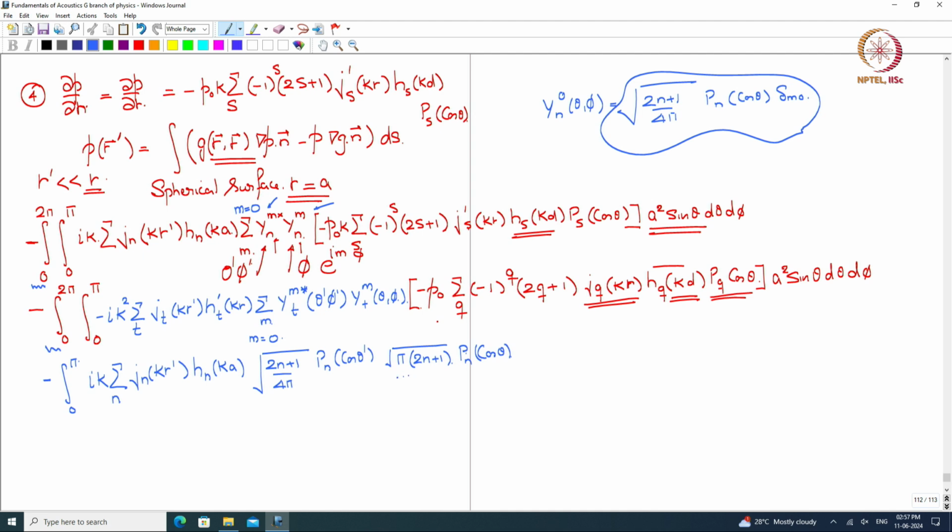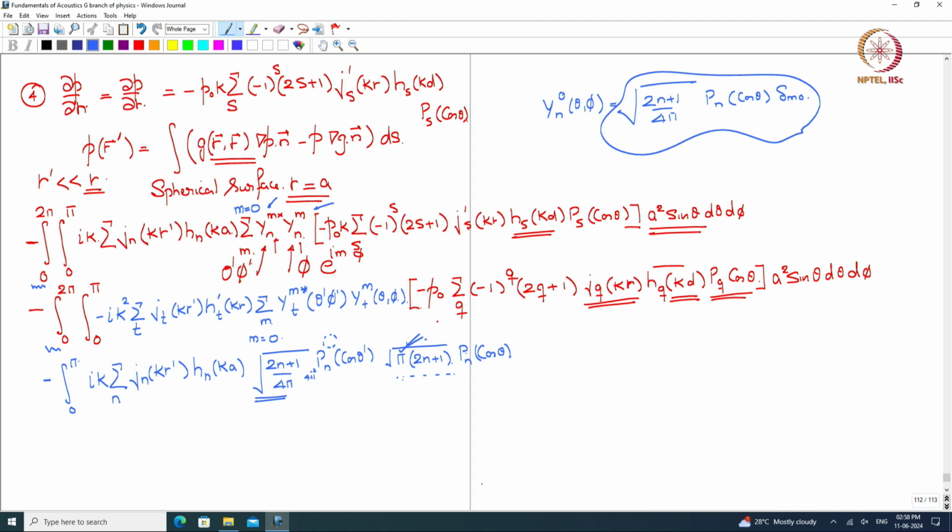This is the resultant of the integral from 0 to 2 pi. So it was looking similar to this but had a 2 pi in the numerator. The 2 pi goes into 4 pi square. This 4 pi takes out 4 pi and a pi remains, that is this pi over here. And there is a delta m0, that is why the m here has disappeared. And that is why the summation here is only m0. Okay, I am hoping you are used to that by now.